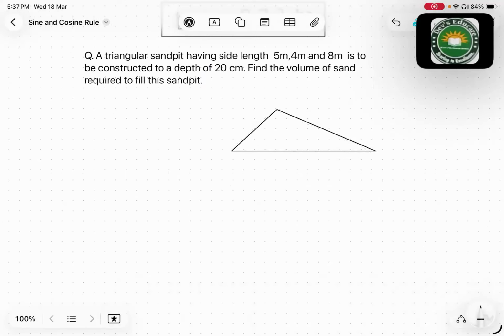Let's say this is A, B, C, and length AC is, let's say, 5 meter, this is 4 meter, and this is 8 meter.